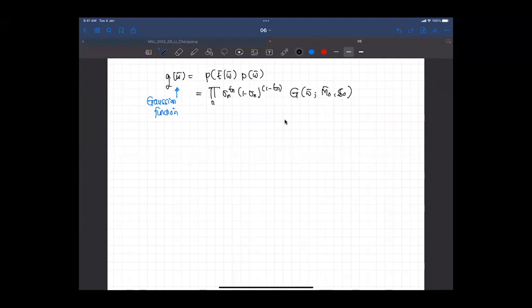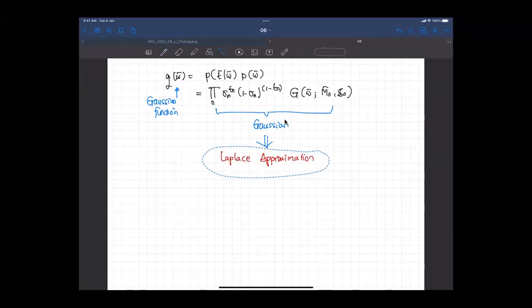I will not explain again, we already learned about this last week. The basic idea to force it to be Gaussian is through a technique called Laplace approximation.